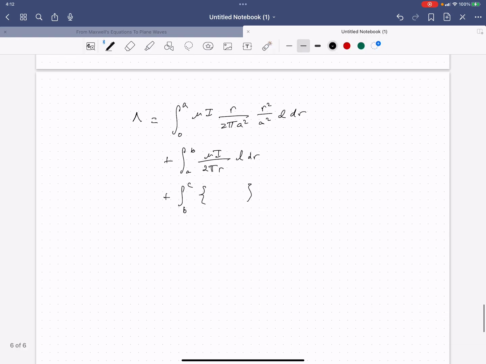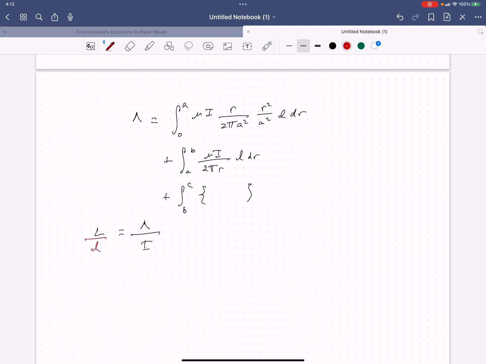Remember that inductance is the total flux linkage divided by current. But in the case of transmission lines, we're interested in inductance per unit length.